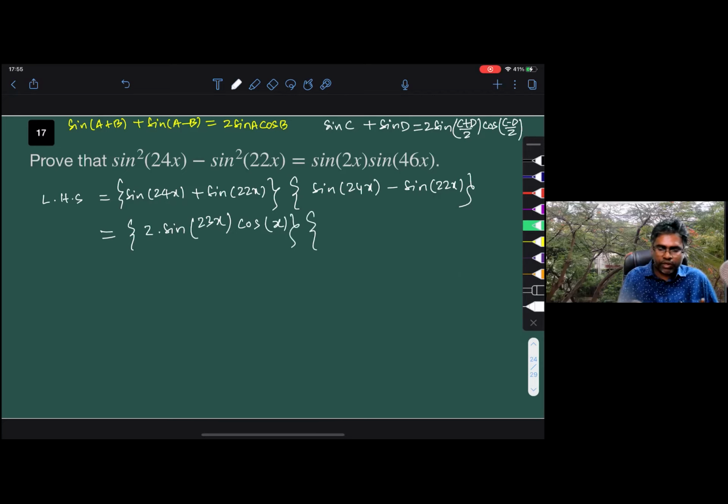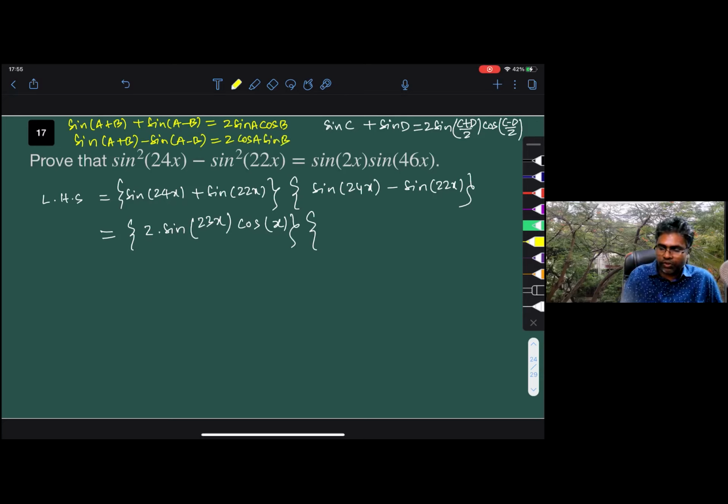The same thing you can do for the other factor, because sin(a plus b) minus sin(a minus b) is 2, this time, instead of sin upfront, you will get cos upfront and then sin b.